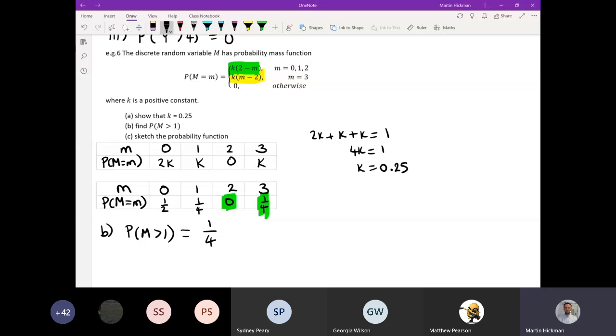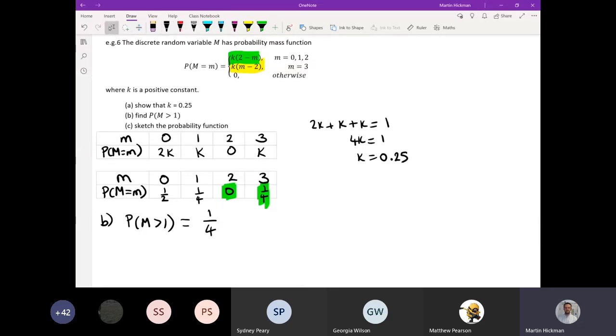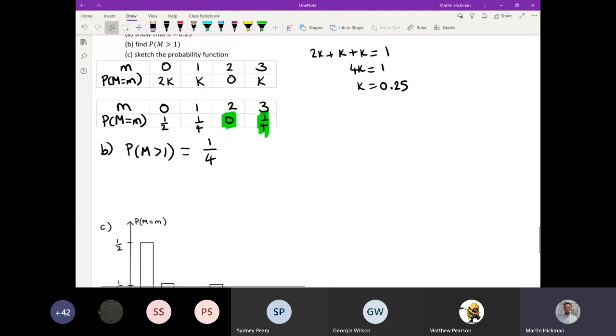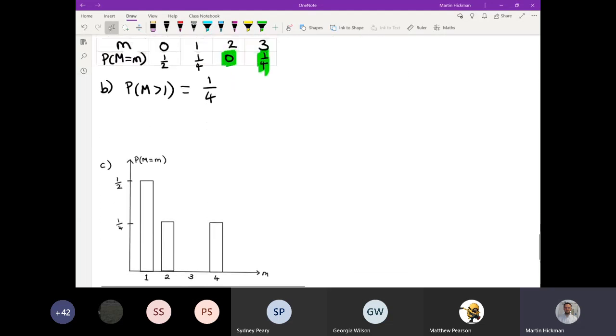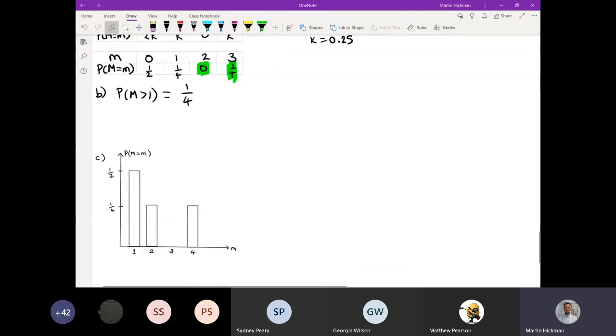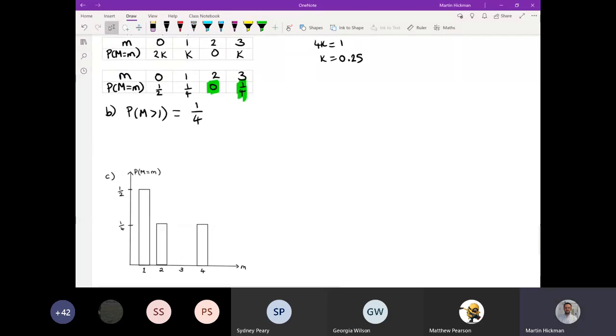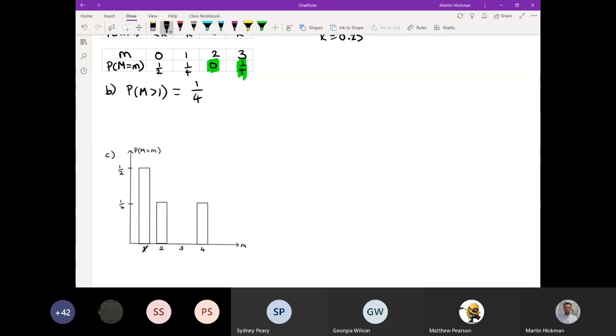Finally, we're going to sketch the probability function. So we just sketch a graph. I'll just show you what that looks like. I have just nicked this from Gavin's notes here. We can see that we put m on the bottom here, and we put all the outcomes there: 0, 1, 2, and 3.